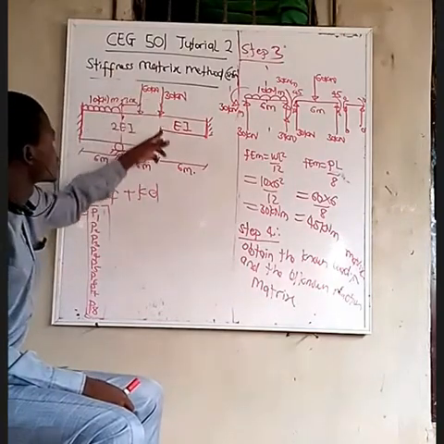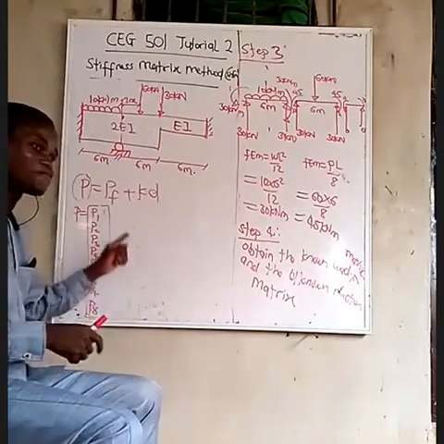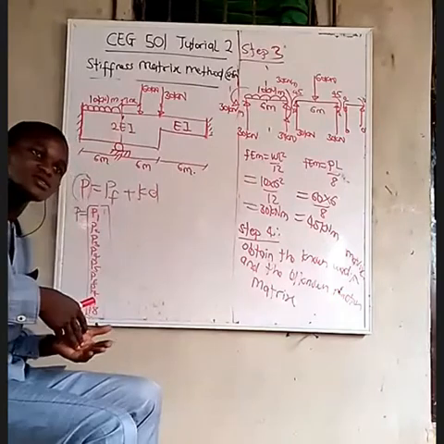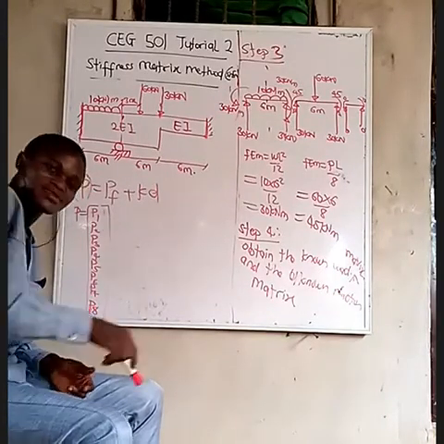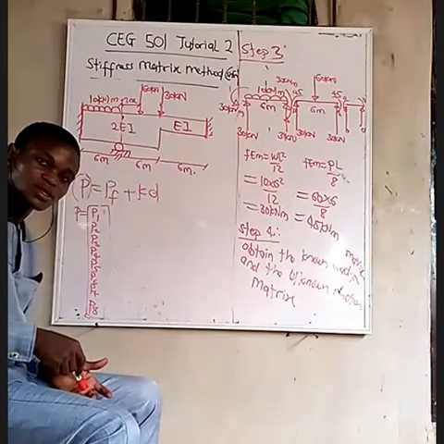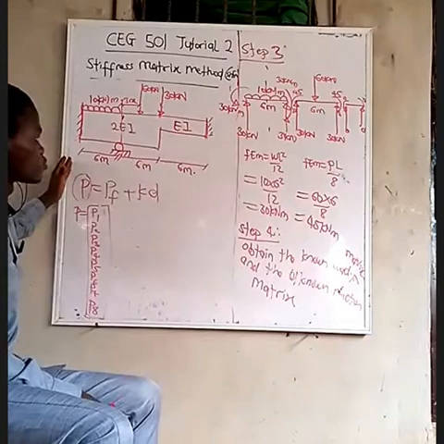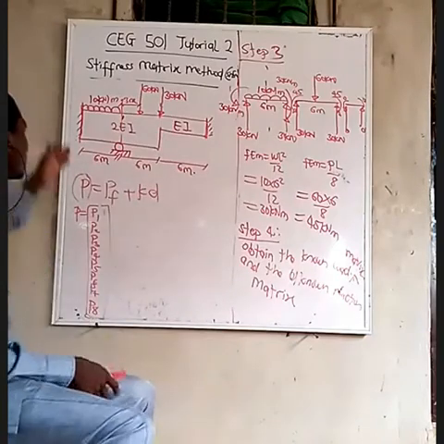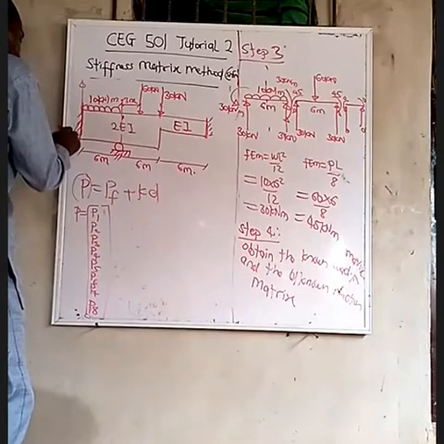So the load applied at the degrees of freedom could refer to a point load, and it could also refer to the movement at that point. Let me come again.